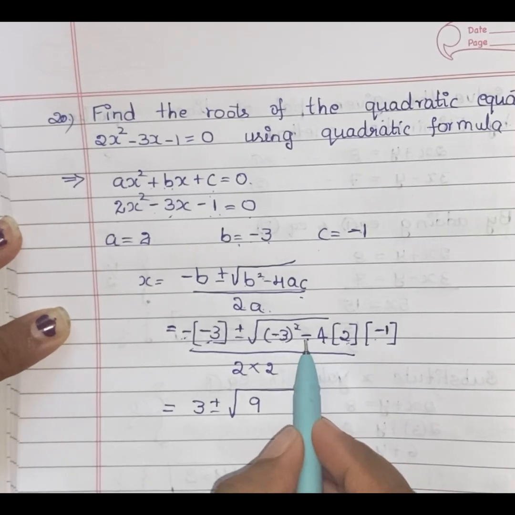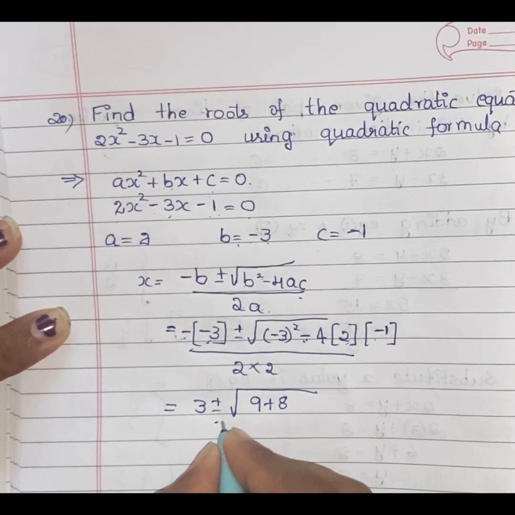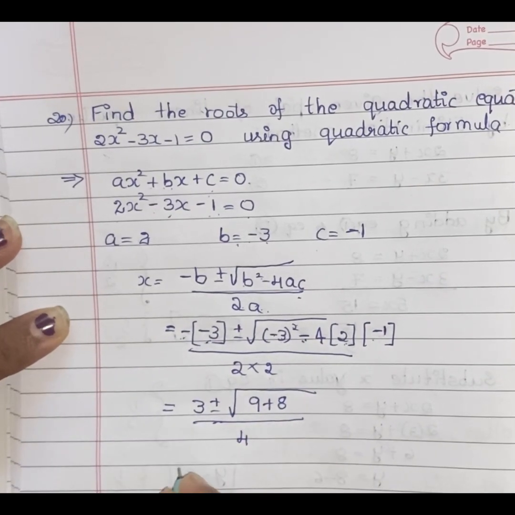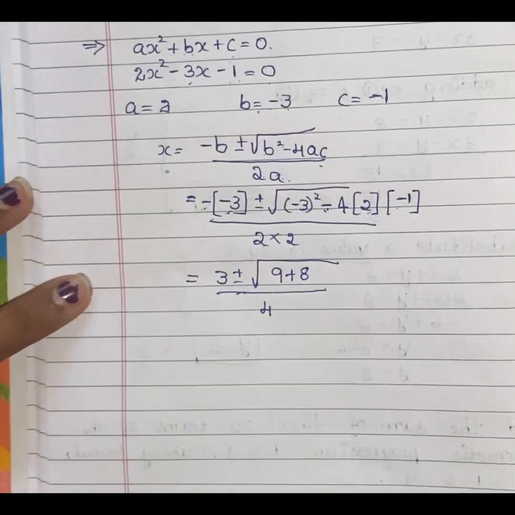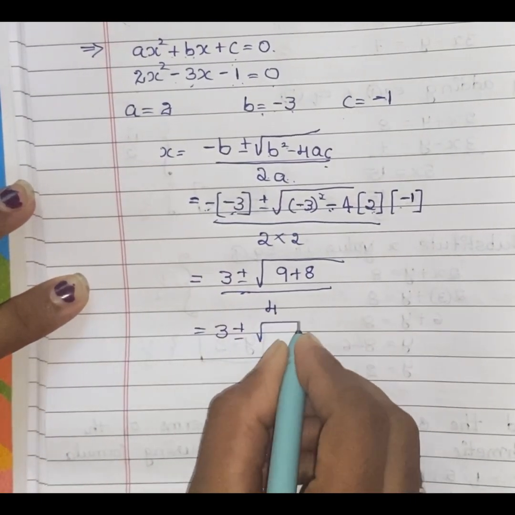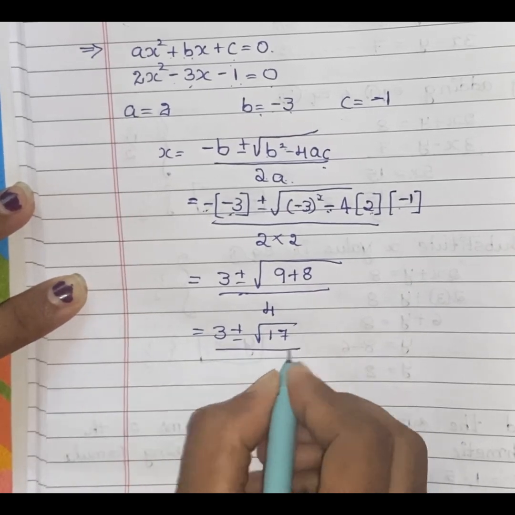So minus minus is nothing but plus, so we have plus 8, divided by 2 into 2 is 4. Okay, now if we simplify this, 3 plus or minus root of 17, if we add up 8 plus 9 it is nothing but 17, divided by 4.